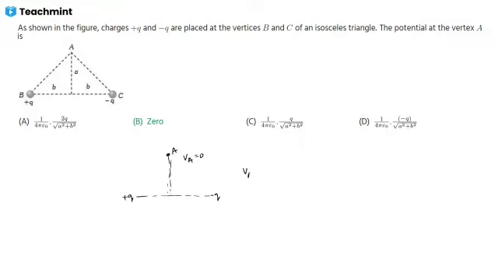From the formula for the electric potential at a point due to a dipole, 1 by 4 pi epsilon naught p cos theta by r square, here the angle is 90 degrees and cos 90 is 0. So the potential at this particular point A, which is on the equatorial line of a dipole, will be 0. So now let us move to the next question.